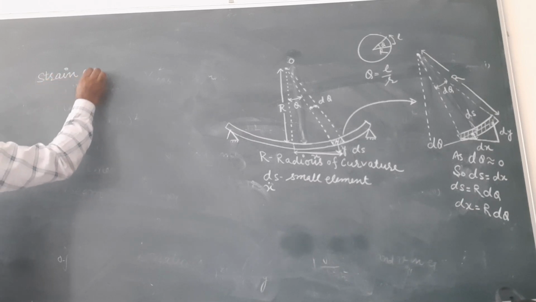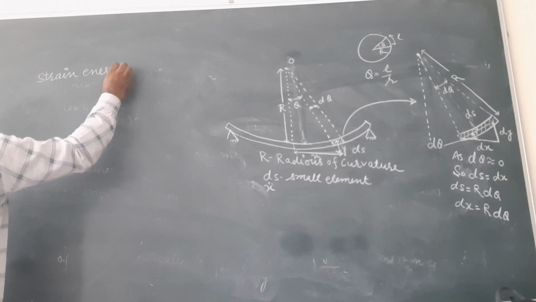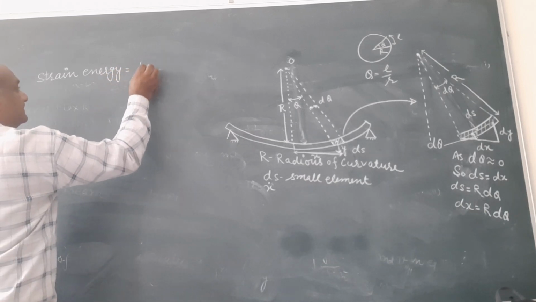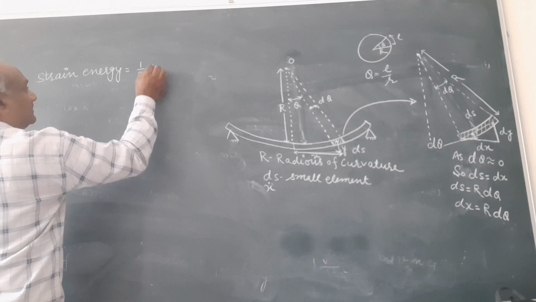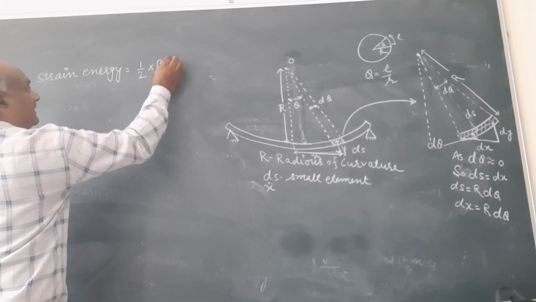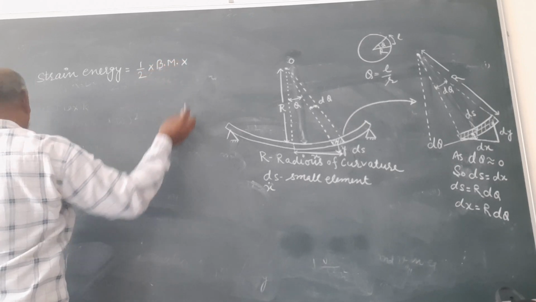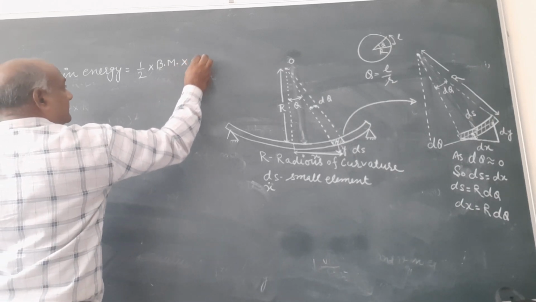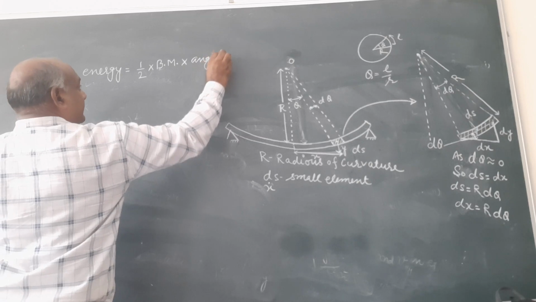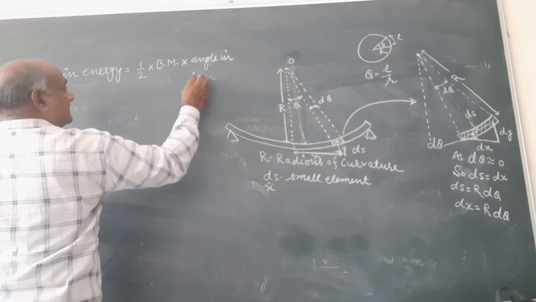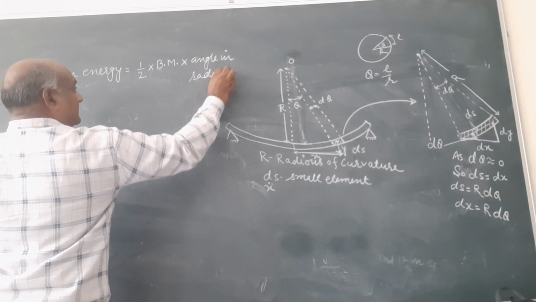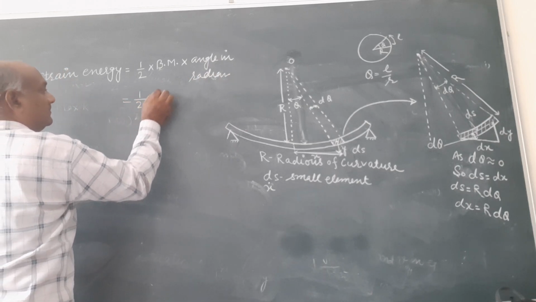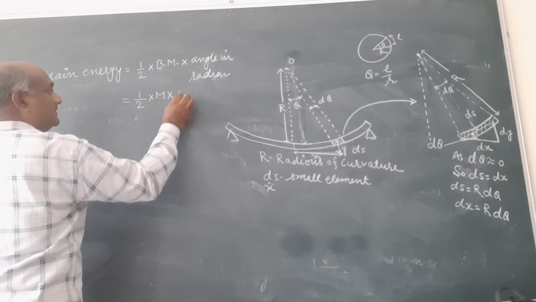Strain energy is equal to half into bending moment into angle in radians, which is half into M into theta.